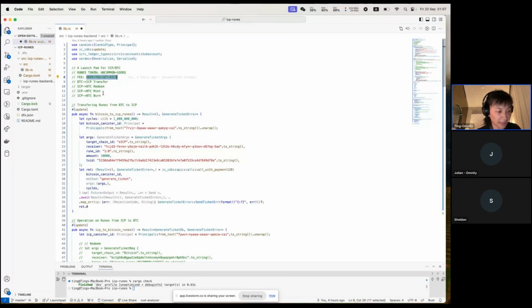And yeah, but you as the developer, you can decide what to use as a utility token. You can even use the same Runes token as the cross-chain fee based on your tokenomics.